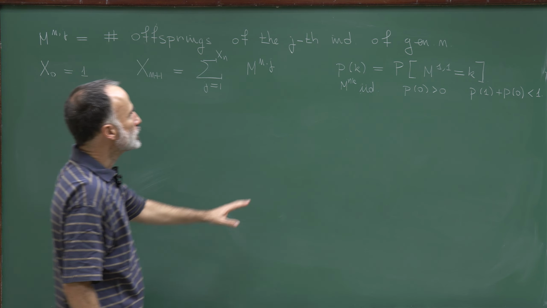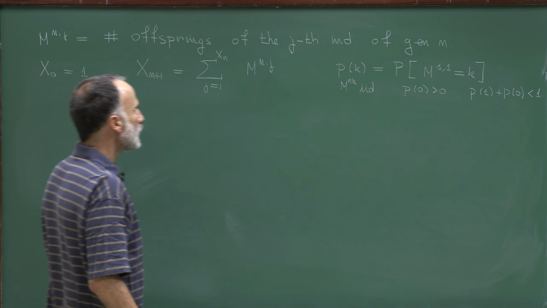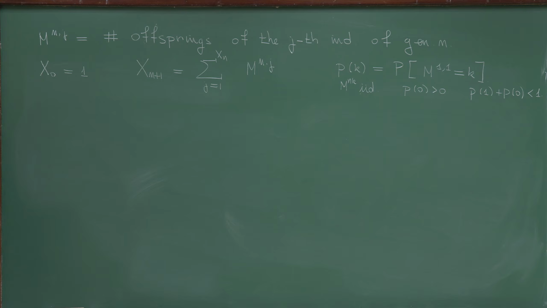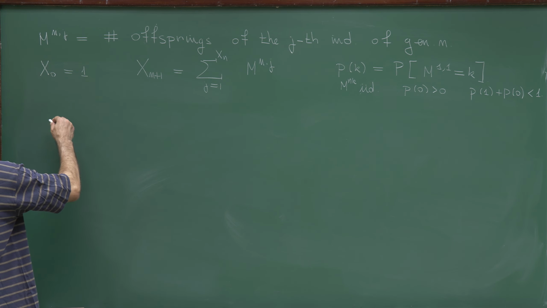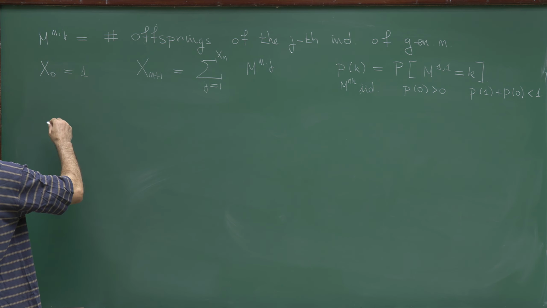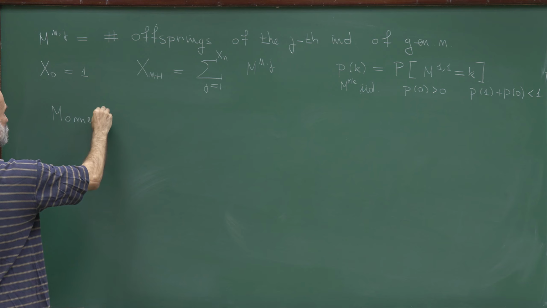So I wrote here the assumptions we made on this sequence of random variables, and now let me present how Galton and Watson solved this problem. So the idea was to introduce what's sometimes called the moment generating function.